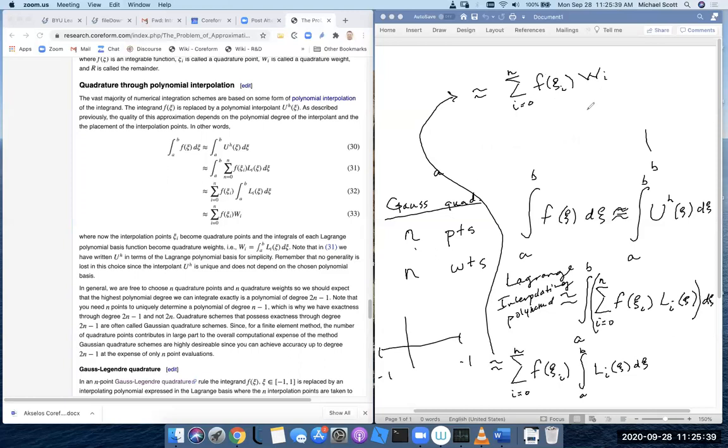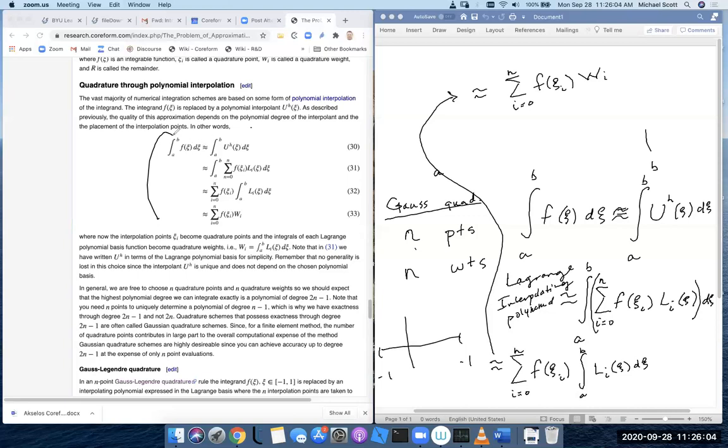Now, what I think is really kind of cool about this is that over here is the same thing I just did. This suddenly tells you a lot about what your choices are. If I choose an endpoint Gauss quadrature rule, I know that I'm picking an interpolating polynomial of degree 2n minus 1 because I have n weights and n points.